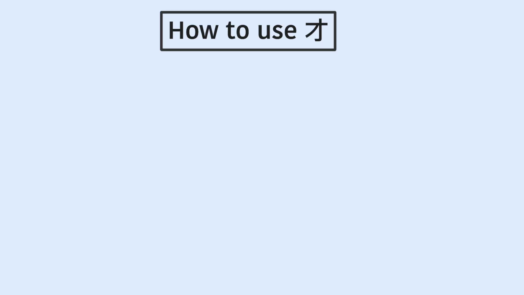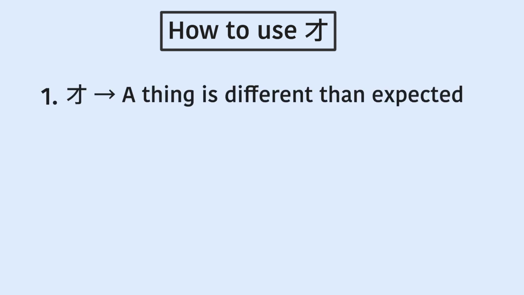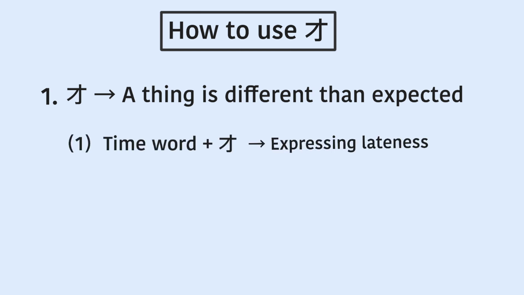Okay, after learning all of these usages of 才, let's have a recap. Now let's take a look at how to use 才. There are 3 different usages of this word. The first one is using 才 to show that things are different than expected. For example, you can add 才 after a time word to express a thing or an action happening later or taking more time than expected.